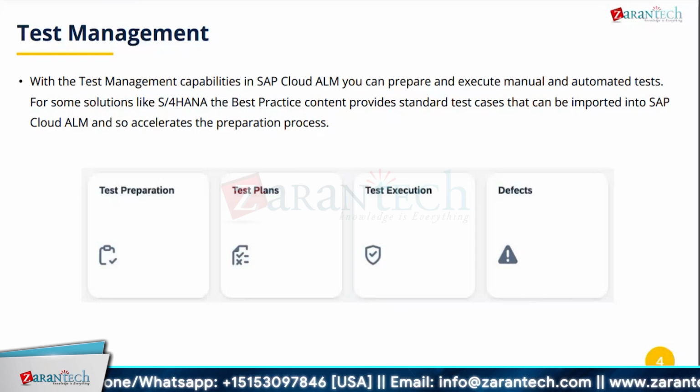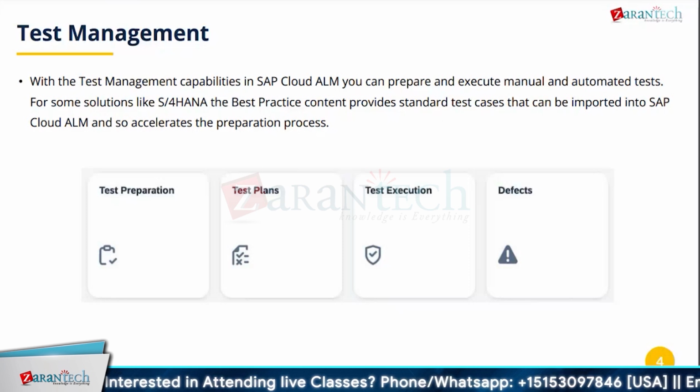And Tricentis comes as part of the Cloud ALM, like you have a separate tile or a catalog there itself for Tricentis. Once you have procured the license, for some it again depends on your contract. In some cases your Tricentis license would be part of your enterprise contract with RISE with SAP or whatever. And in some cases you probably have to procure it separately, but it is fully integrated.